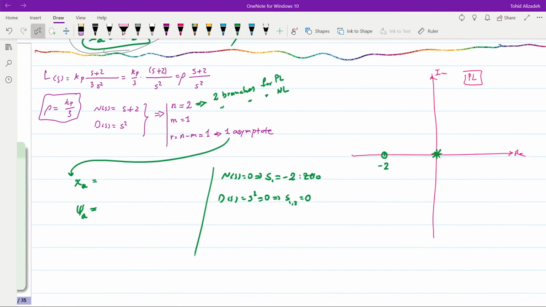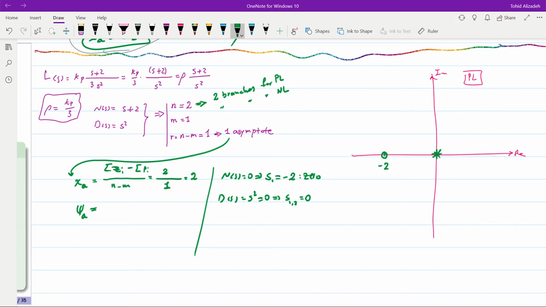Now let's go back to finding the asymptote. If you want to find out the sigma_a, which as I mentioned is not important for this example because we have only a single asymptote, we need to find the sum of zi's minus sum of pi's over n minus m. n minus m is equal to 1. For pi's we will have 0, and zi is equal to 2, so 2 over 1, which is equal to 2.